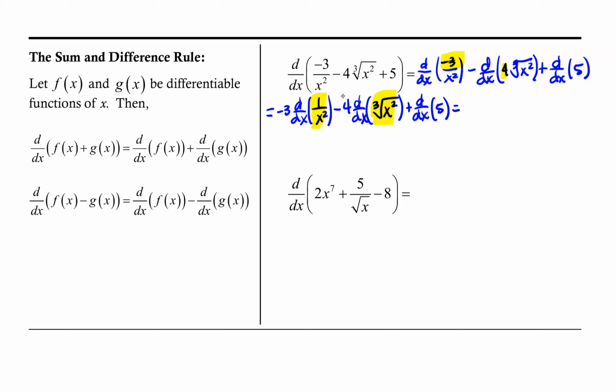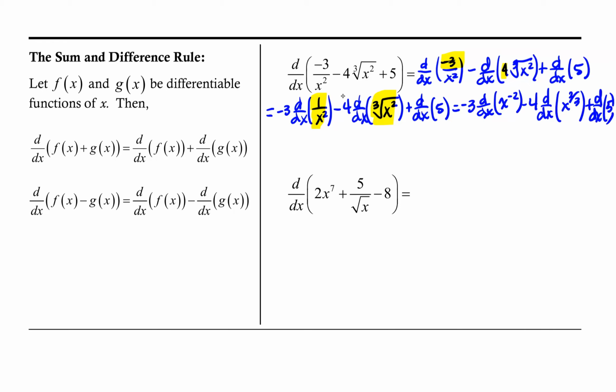So this would look like negative 3 times the derivative of x to the negative 2 power minus 4 times the derivative of x to the 2/3 power plus the derivative of 5.